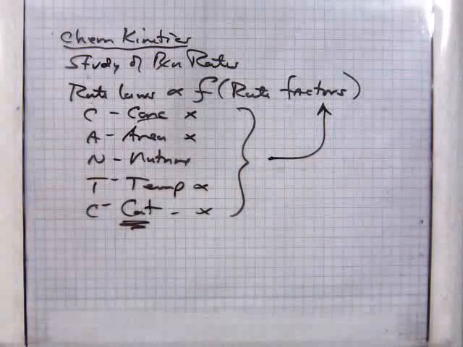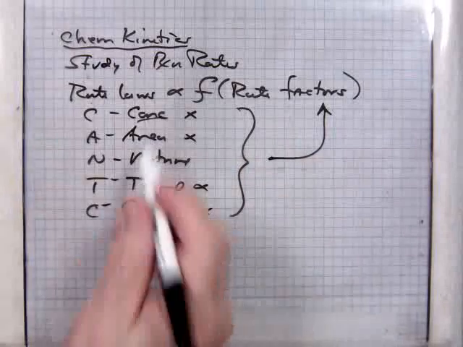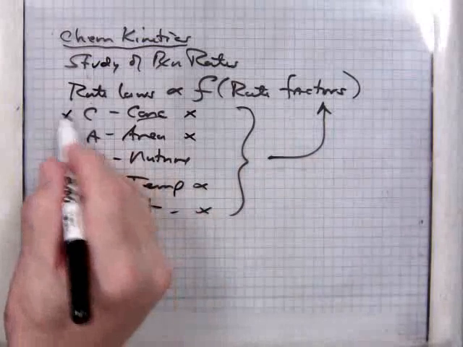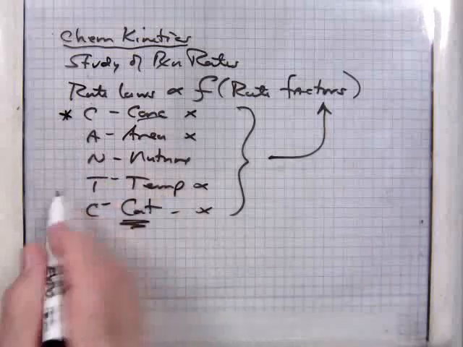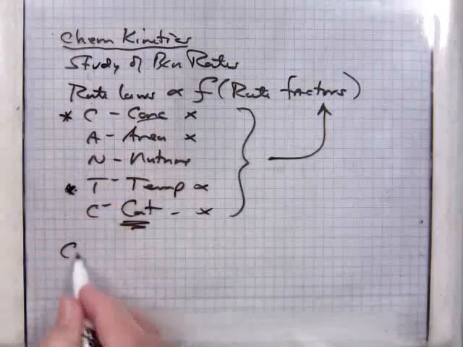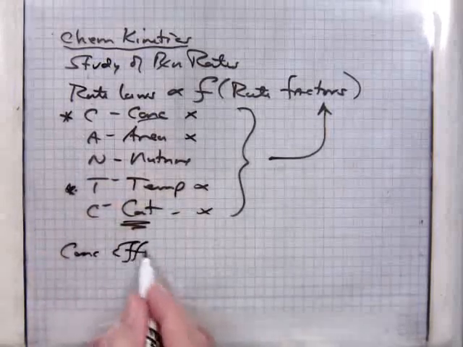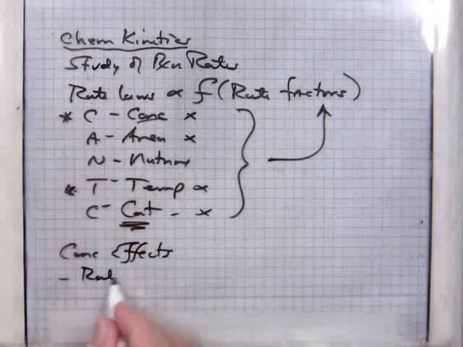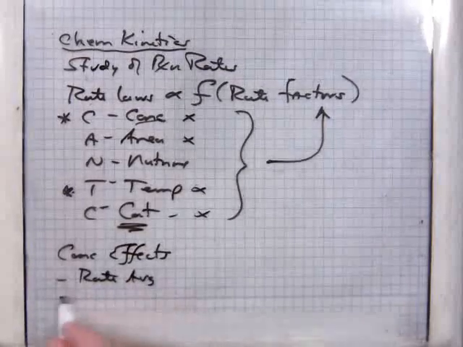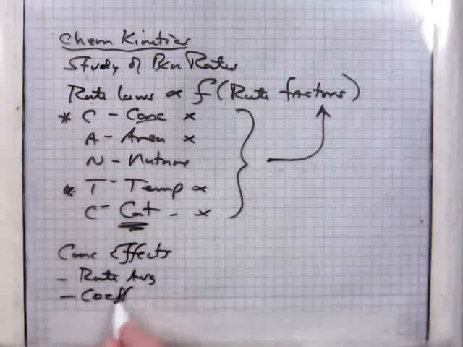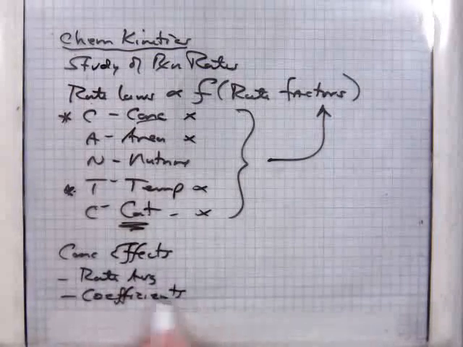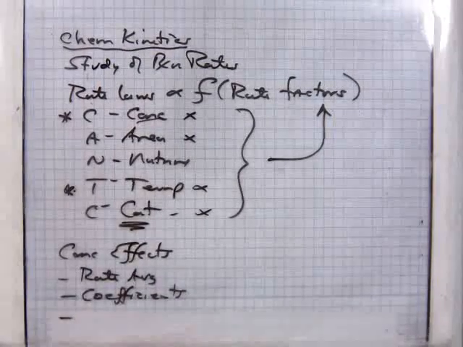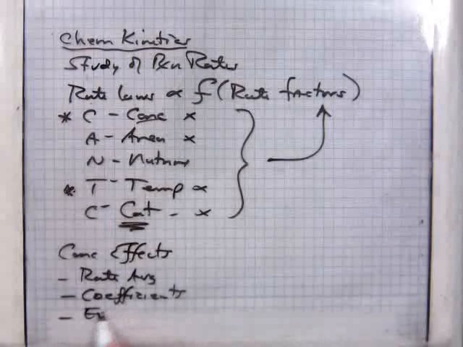Now, each one of these had, well, the ones we worked on were here and, of course, here. Concentration effects required you to understand rate averaging, coefficients, experimental rate laws.